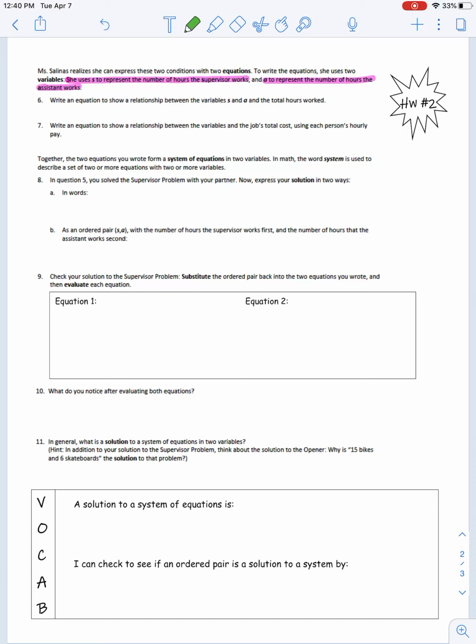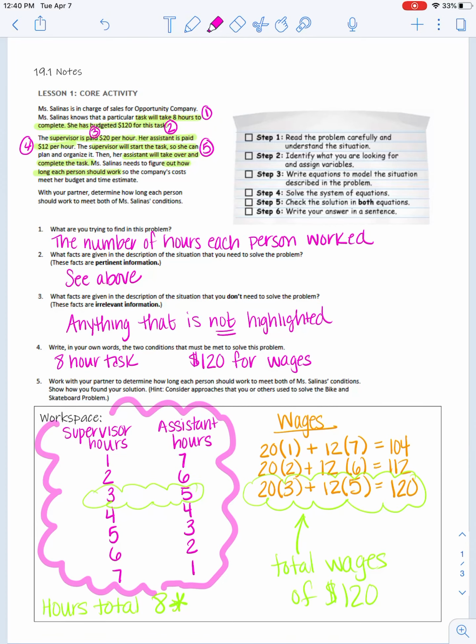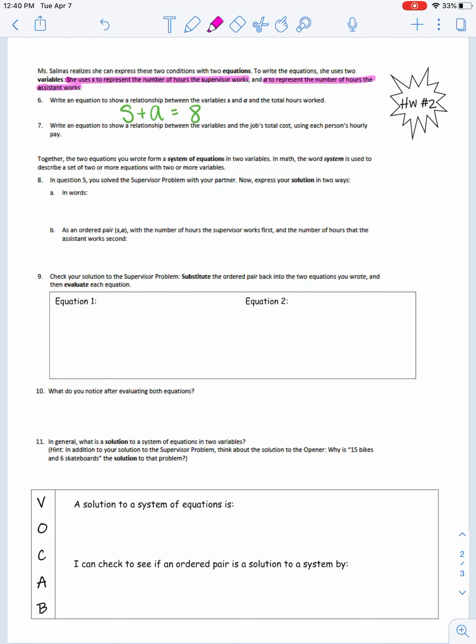So write an equation to show a relationship between the variables S and A and the total hours worked. If we take the supervisor hours and add the assistant hours, that has to equal 8 hours. That's our first equation. And you can also see where we did that in our little workspace on the first page.